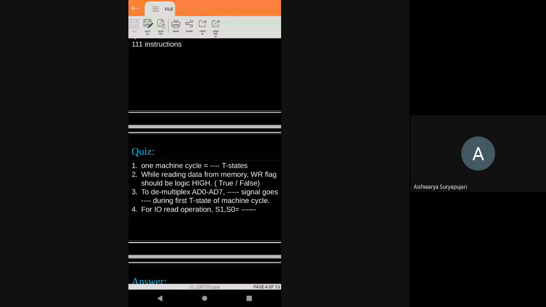So one table we have seen in the last session in which it was shown. If you remember, or if that PPT is in front of you, you can just check it out. Status for S1 and S0.